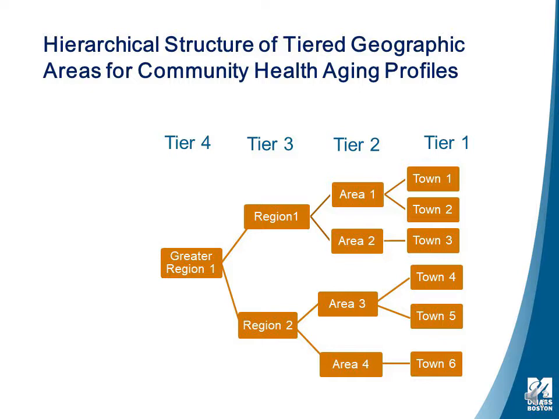Region 2, made up of tier 2 areas 3 and 4, is made up of 3 tier 1 areas, towns 4, 5, and 6. The highest tier in this scheme here is tier 4, and I call it Greater Region 1. It's made up of regions 1 and 2, and if one works logically backward, Greater Region 1 is made up of the 6 tier 1 towns shown on the diagram.